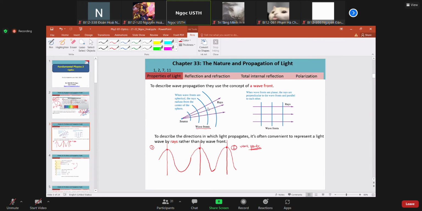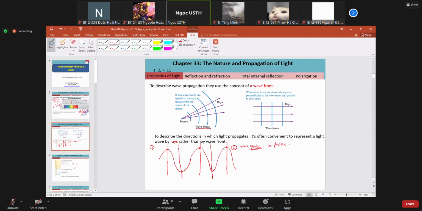In fact, you can imagine the wavefront is a surface where the points on that surface are in phase, have the same phase. Okay, I will write it. In fact, this front, this and this are also wavefronts, but we just don't want to choose certain points on the wave.